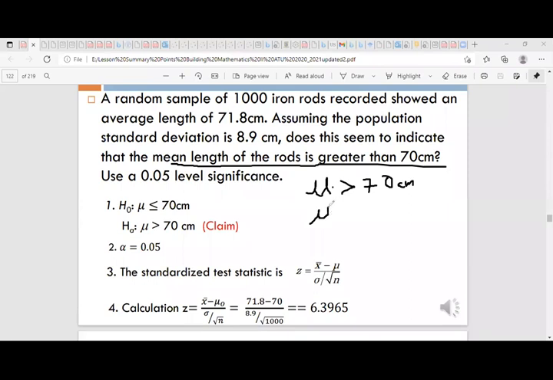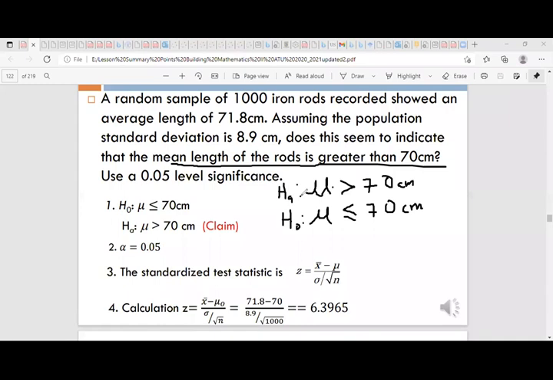So the contrary statement will be less than or equal to 70 centimeters. Then the final step is to identify which one is which. Small always has an equal to. So this becomes the null hypothesis, and then this becomes the alternate hypothesis.